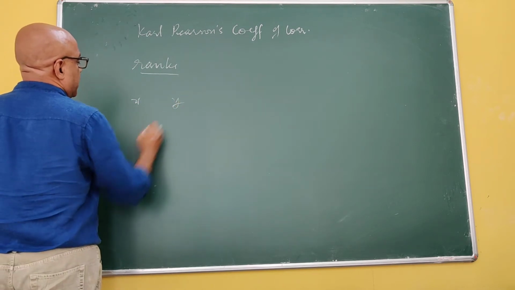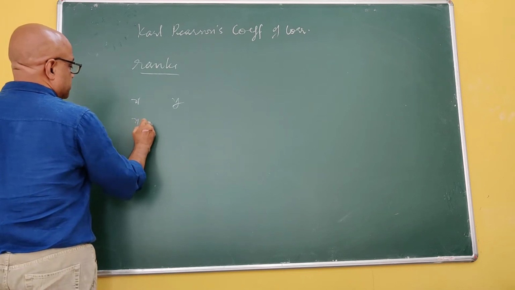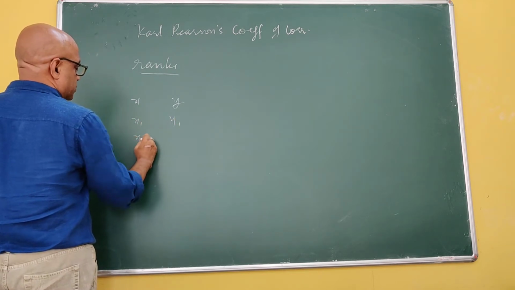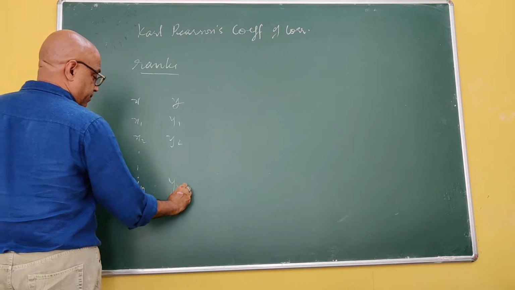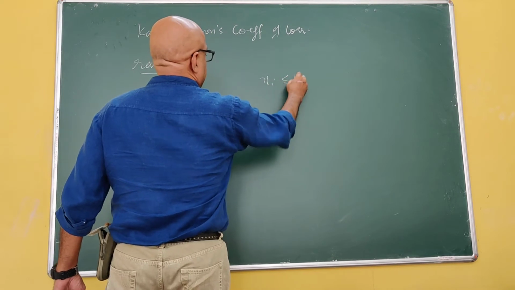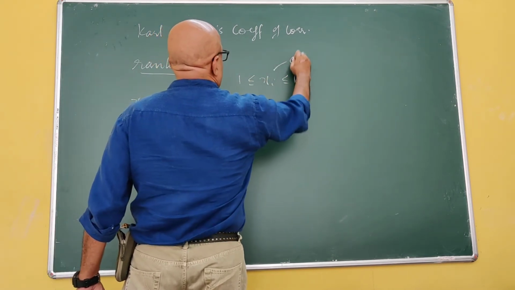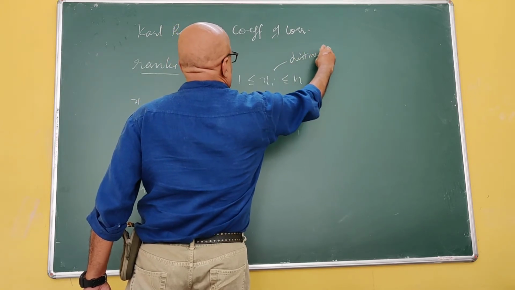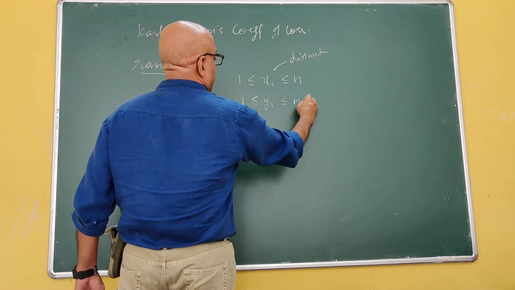say for x and y, if some marks or ranks are given: x1, y1, x2, y2 and so on up to xn, yn. These are n pairs, and the xi's lie between 1 and n, distinct, and the yi's also lie between 1 and n.